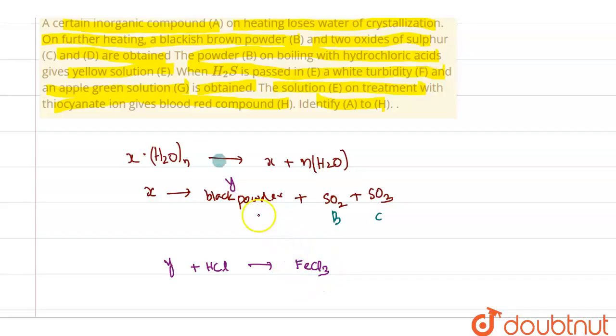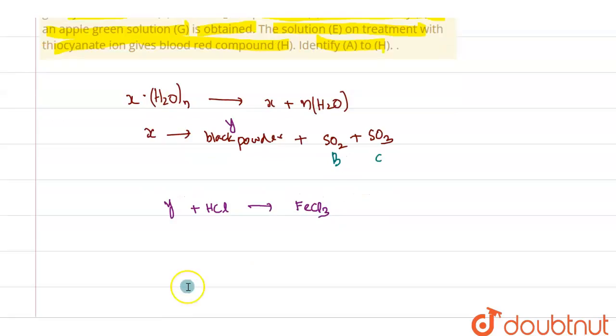So from this we can understand that X is an iron containing sulfur compound. Therefore X is ferrous sulfate, FeSO4.